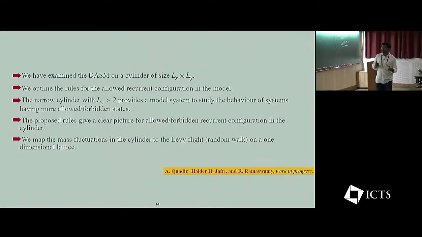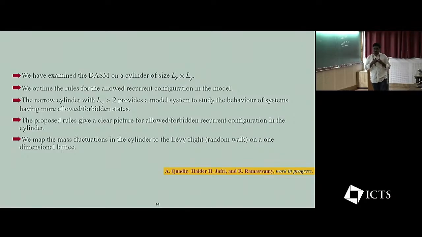On the basis of this, till now we can conclude that a narrow cylinder with larger Ly provides a model to study the behavior of systems with more complexity, because in the case of the ladder the allowed states and the total possible configurations were very few.